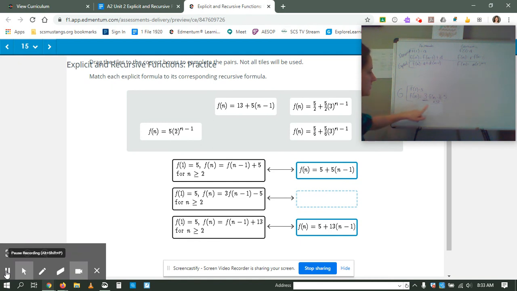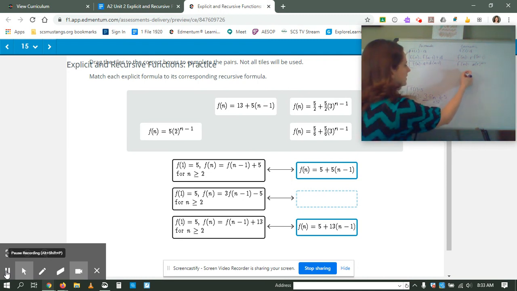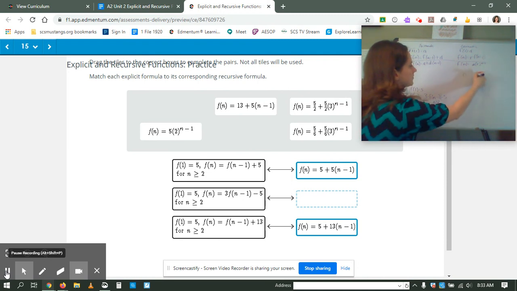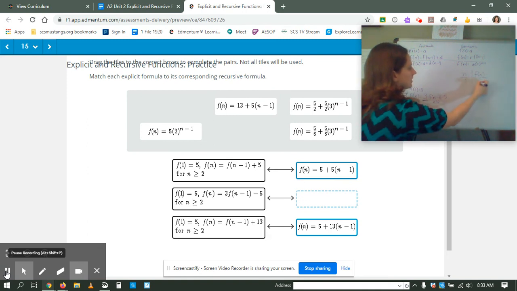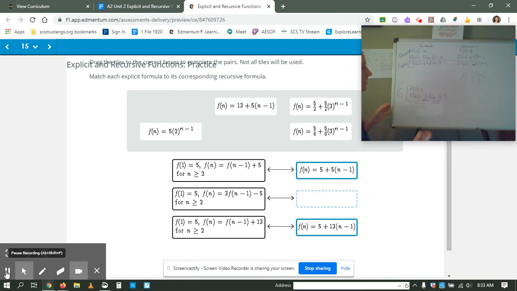Okay, so I'm making a list out of this. I've got my n values, and then I've got what my f of n is after I plug those in. When n is 1, my f of n is going to be 5. Then I need to figure out what my second value is going to be.